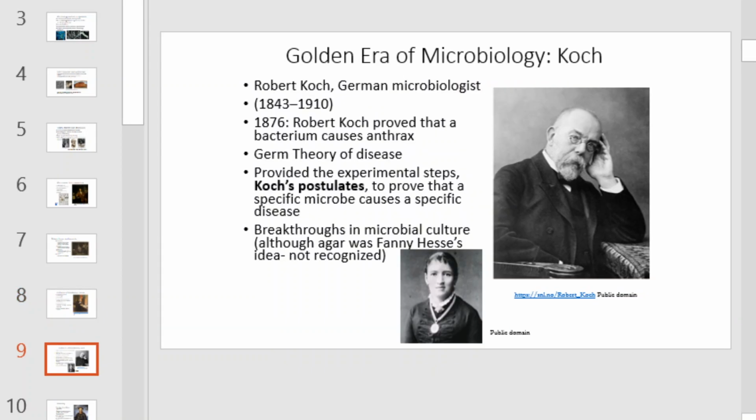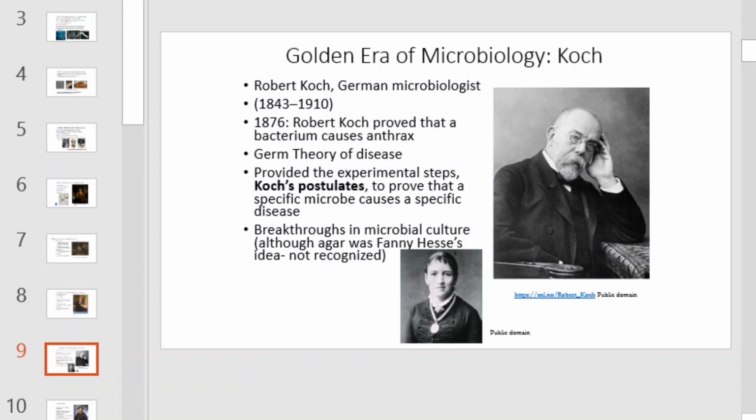Robert Koch is also part of the golden era of microbiology. Robert Koch is a German microbiologist who was alive from 1843 to 1910. In 1876, Robert Koch proved that a bacterium causes anthrax.